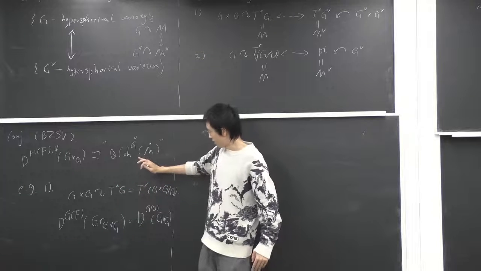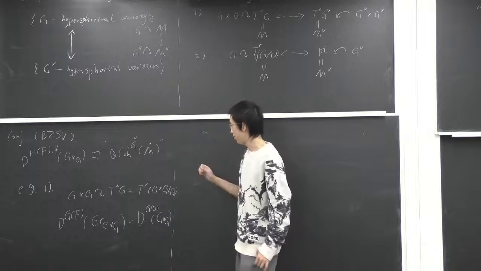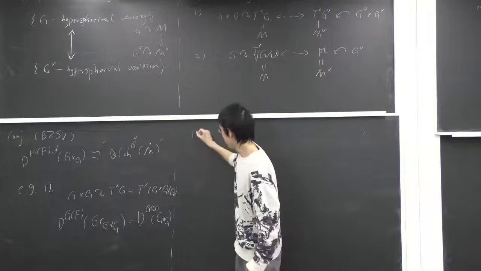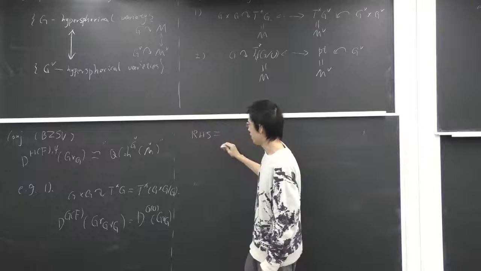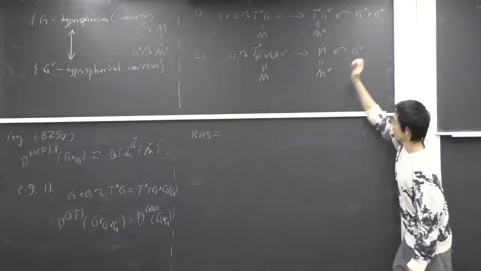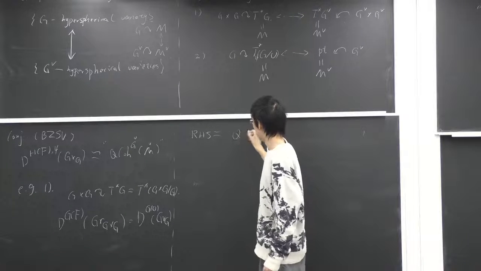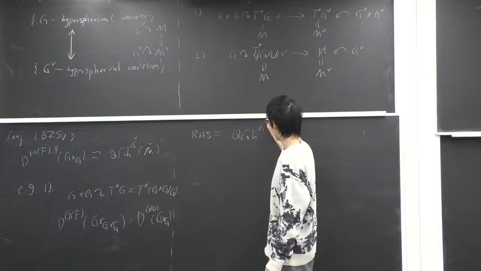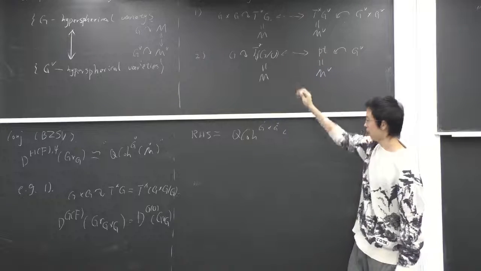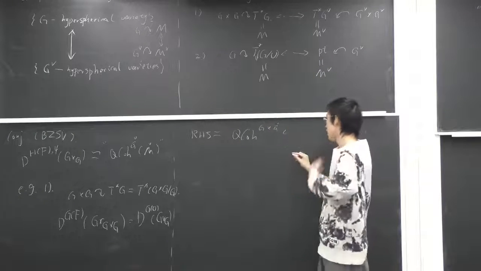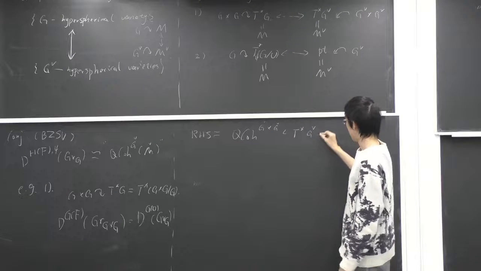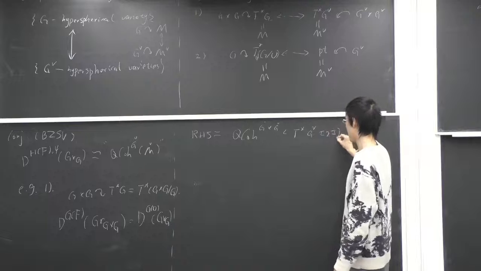The right-hand side of the BZSV conjecture here. Your G check is actually two copies of G check, G check times G check. And the M check is T star G check, the cotangent bundle on G check, with some shift by 2 in this case.